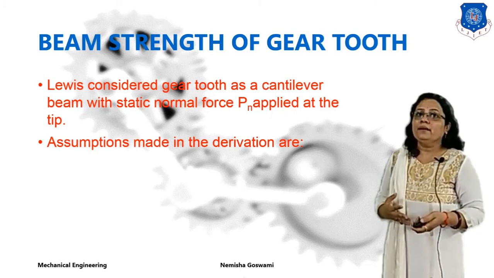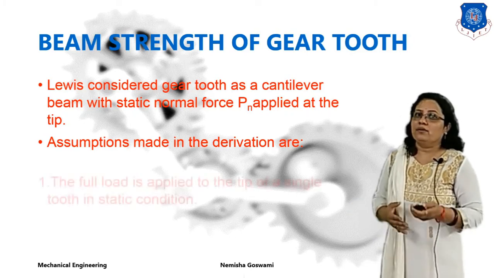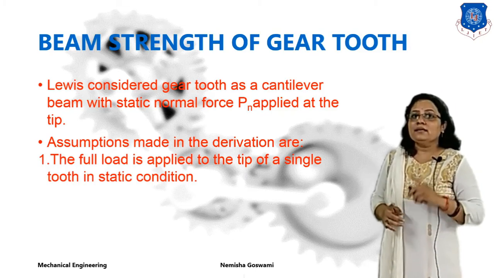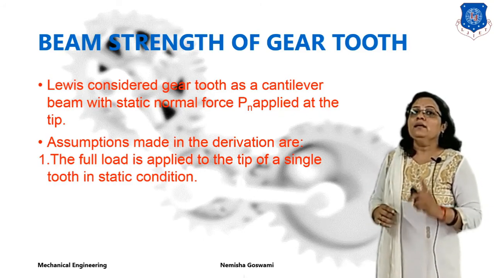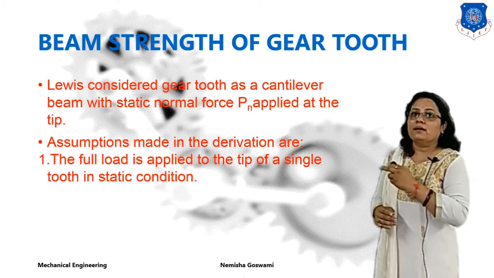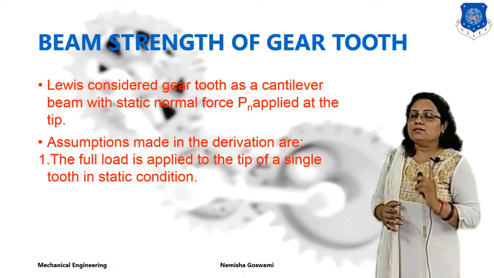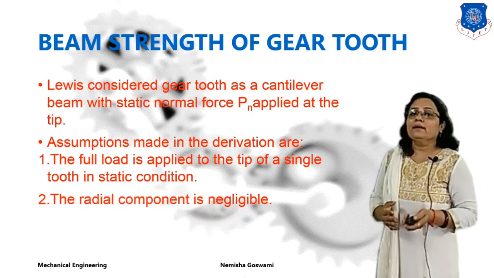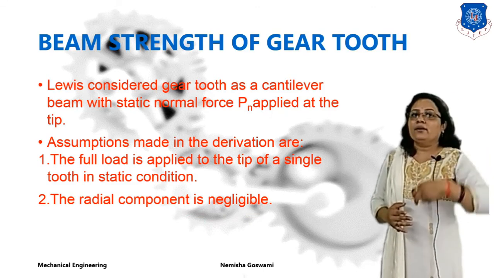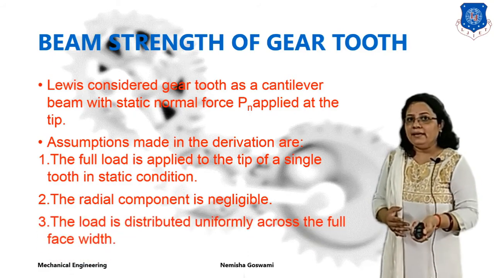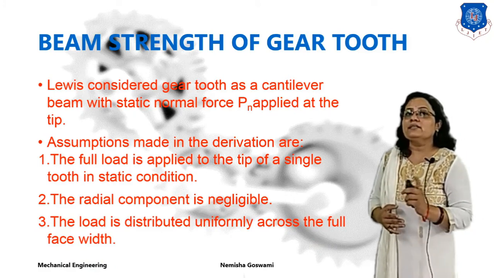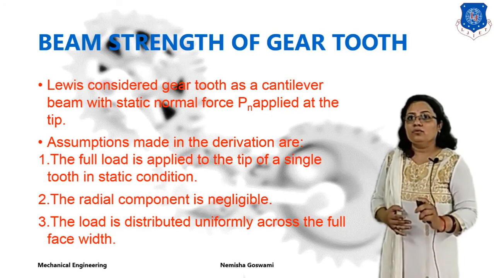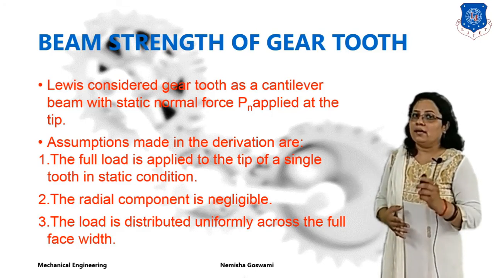Lewis considers that the full load is applied to the tip of a single tooth in a static condition, or that the load is transmitted by only a single tooth at a time, not by a number of teeth. The radial component, which acts with respect to the line of action, is considered negligible, because bending is produced by the tangential component of the load. So the radial component is negligible, and we consider the tangential component.